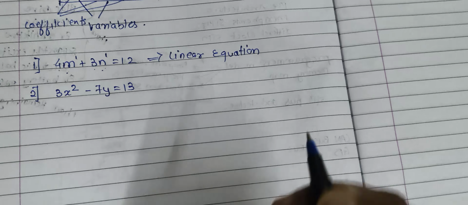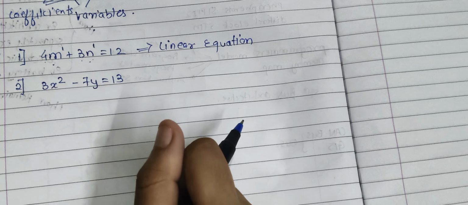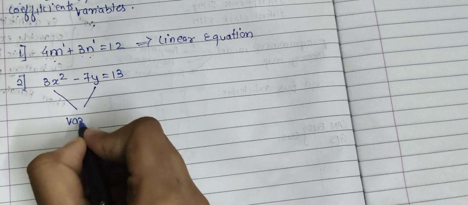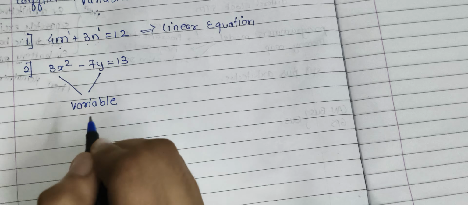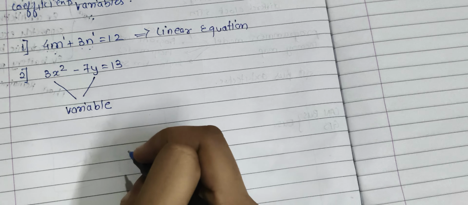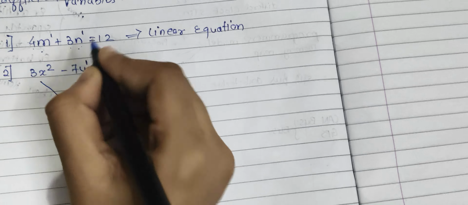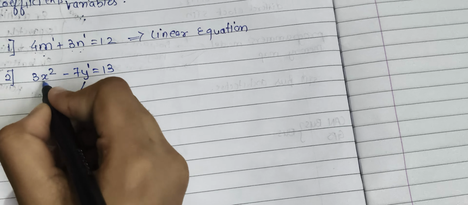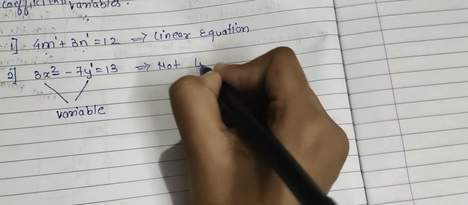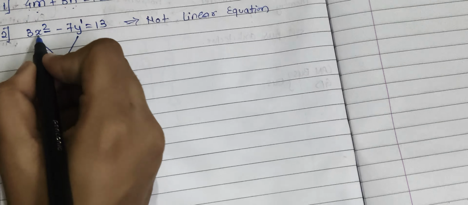As per the definition of linear equation in two variables, the equation should contain two variables. This equation also contains two variables, x and y. But what does the definition of linear equation say? It should contain two variables, and also the degree of variable should be 1. But here the degree of variable y is 1, but the degree of variable x is 2. So this is not a linear equation, just because it has degree 2.